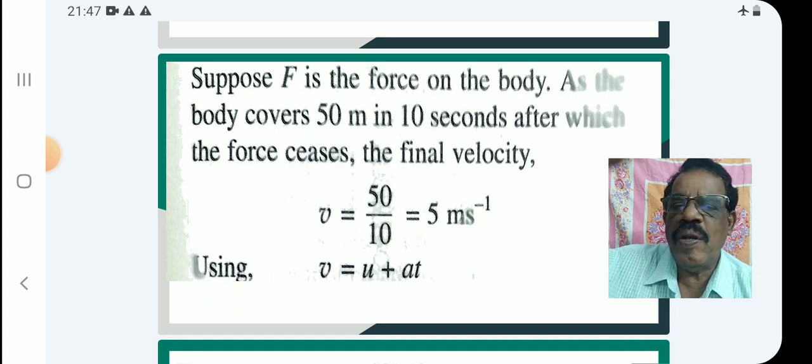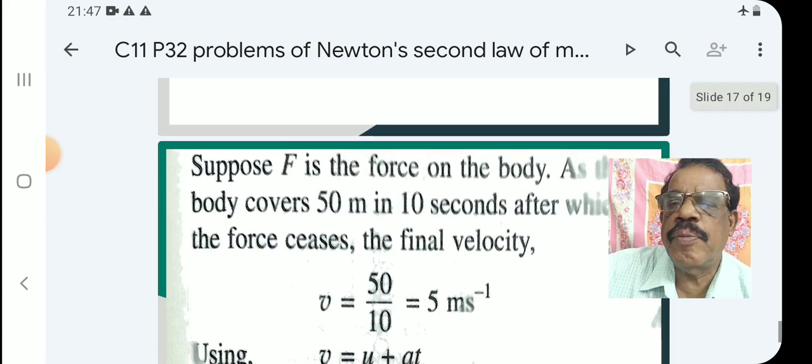V is u plus at, that is 5 is 0 plus a into 10. A is half meter second raised to minus 2. F is ma, that is 10 into 1 by 2, 5 Newton.